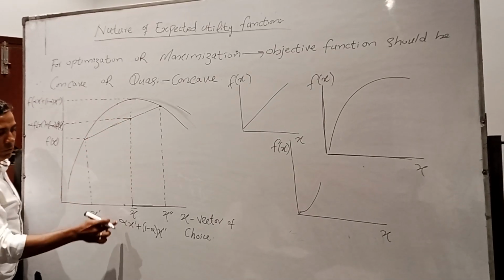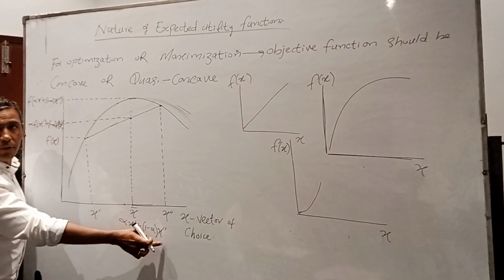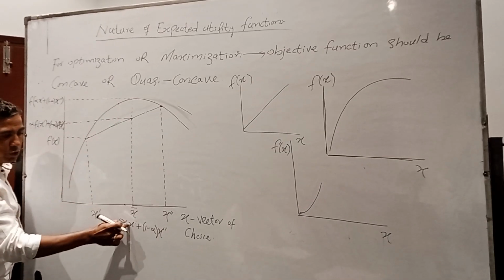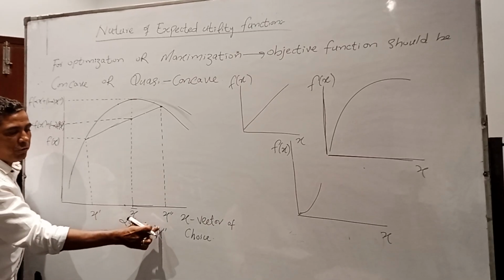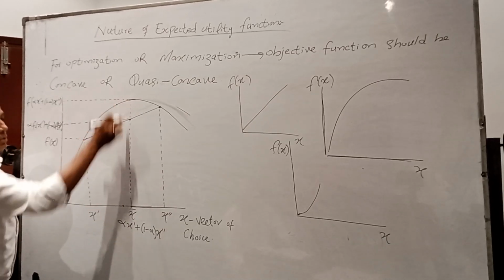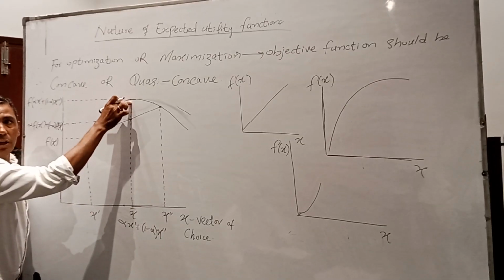So alpha x dash plus 1 minus alpha x double dash. When we apply the function here, we get alpha f(x dash) plus 1 minus alpha f(x double dash), right? And this is the overall function value.